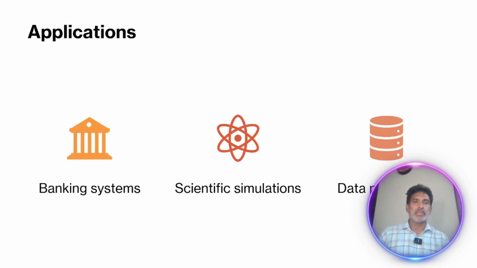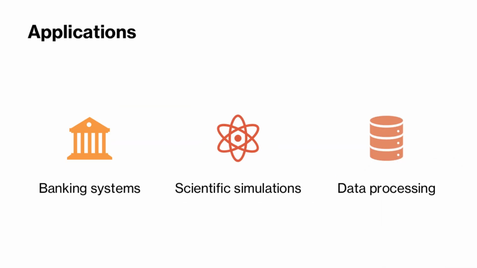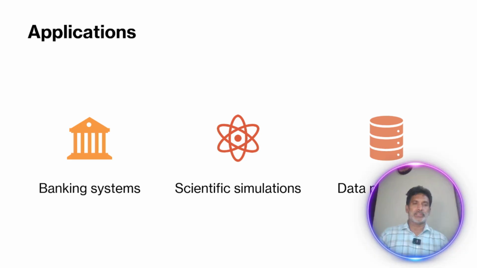And if you look at the applications of this, mainly the banking system, scientific simulations, operating systems, and data processing. If you take the banking system, here the synchronization ensures safe and accurate transactions. This prevents multiple withdrawals from the same account at the same time, maintains correct account balances, and avoids financial inconsistencies and fraud.